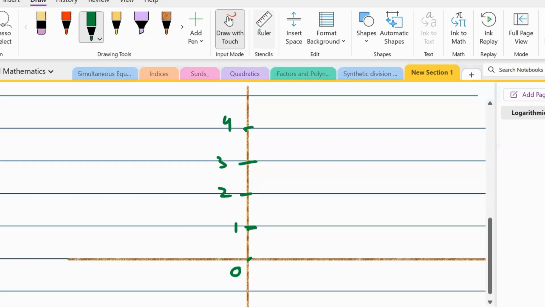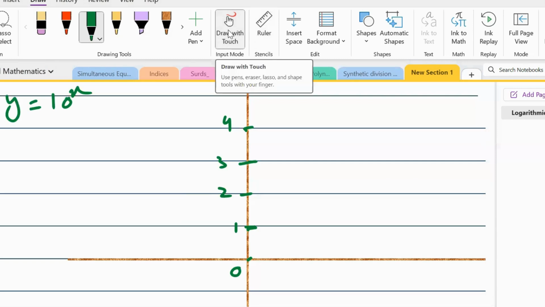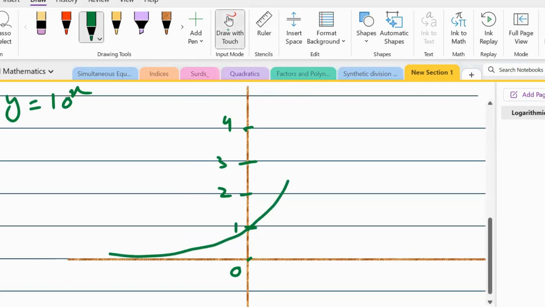Then exponential curves are of the type, for example, y equals 10 raised to the power x. You have to draw its graph. Then it always passes through 1, because 10 raised to the power 0 is 1. And if the base is 2, then 2 raised to the power 0 is also 1. So the graph of the exponential function is of the type y equals 10 raised to the power x.